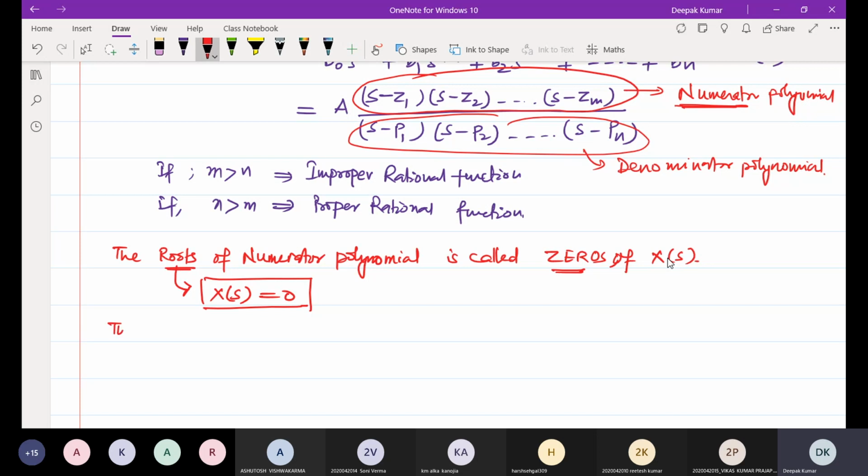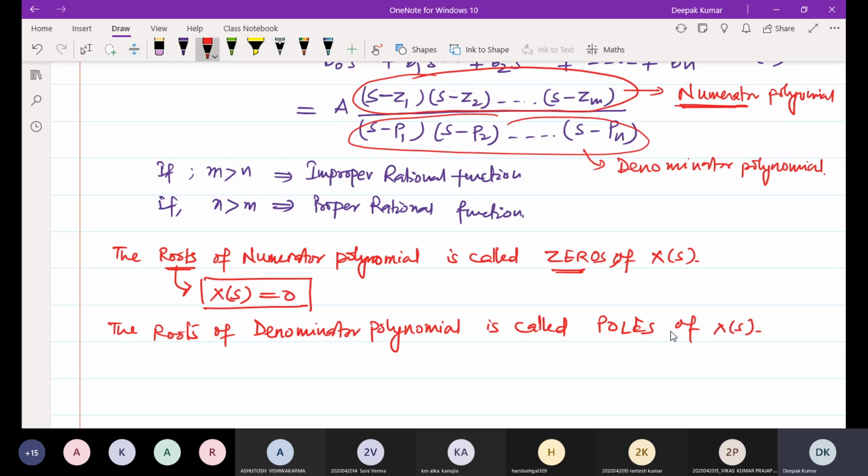Another term is the pole. The roots of the denominator polynomial are called poles, the poles of x of s.